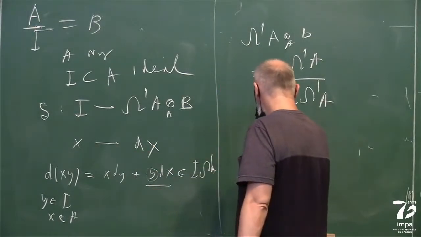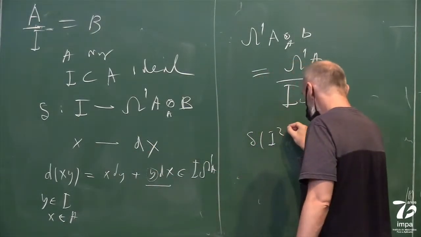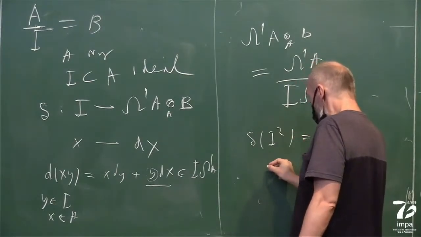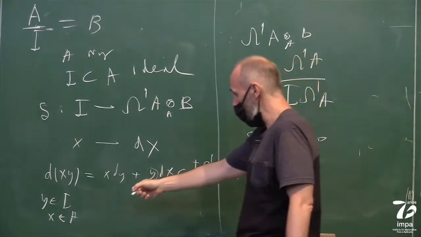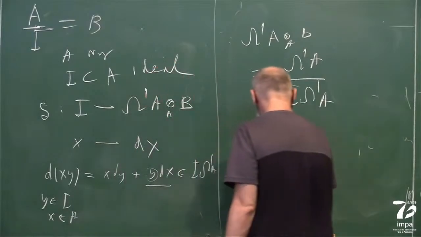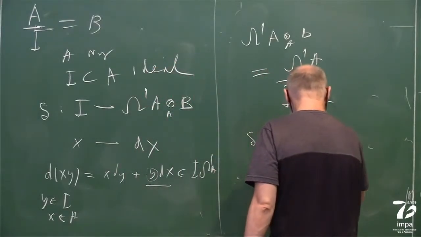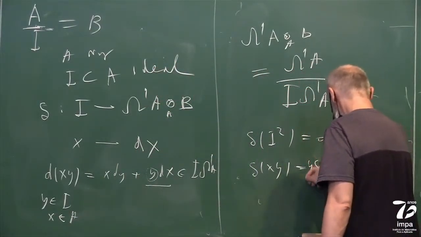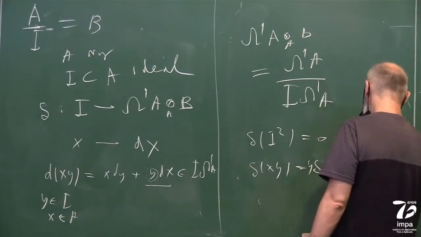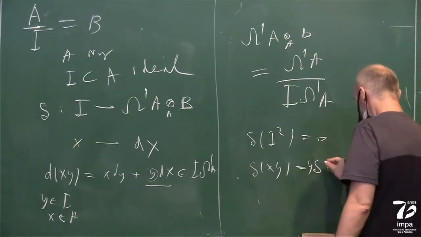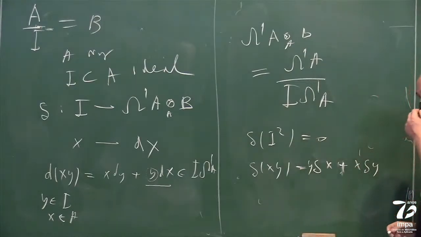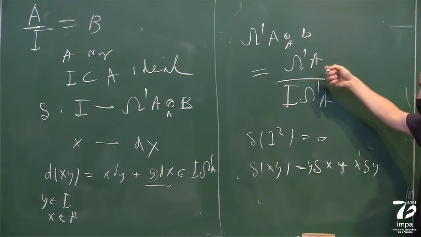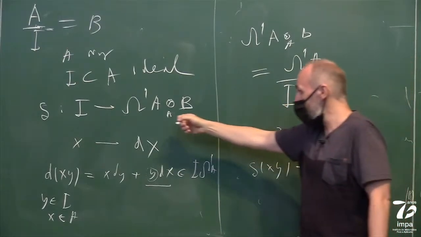Also, delta of I square is 0 by the same argument. If you have delta of xy equal to x delta of y plus y delta of x, and they are both in I, then the image goes to 0 under this map.